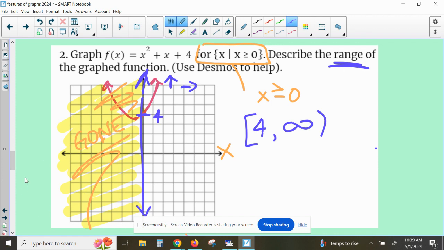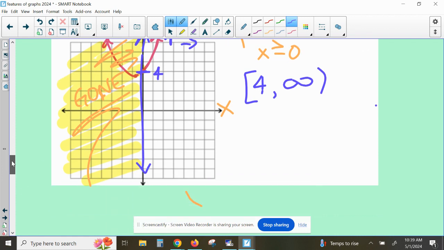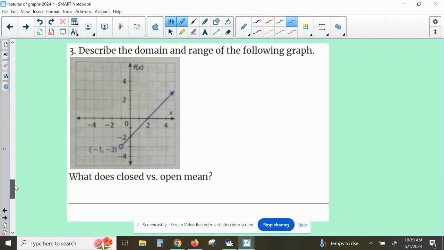Okay, scrolling. A little review of Algebra 1. What does the closed circle mean? Included. Closed circle is included, and that's when we use which bracket? Square bracket, right? Open means what? Open means not included.